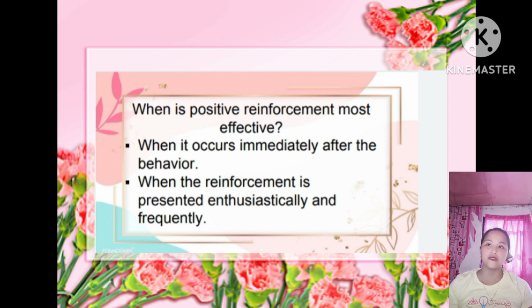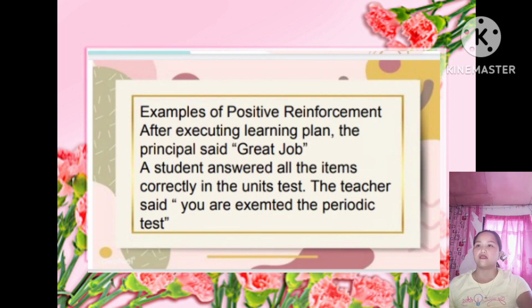When it occurs immediately after the behavior, and when the reinforcement is presented enthusiastically and frequently. Example of positive reinforcement: after executing a learning plan, the principal said, "Great job." A student answered all the items correctly in the unit test, so the teacher said, "You are exempted from the periodic test."